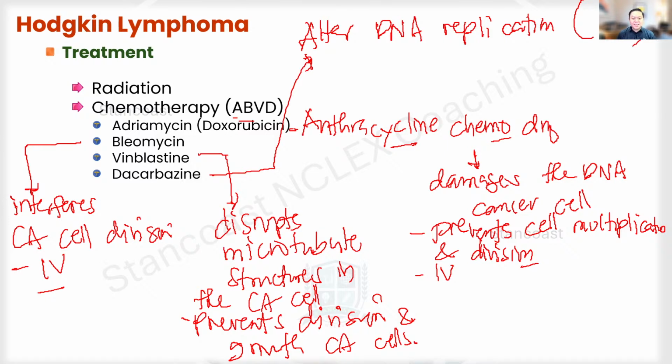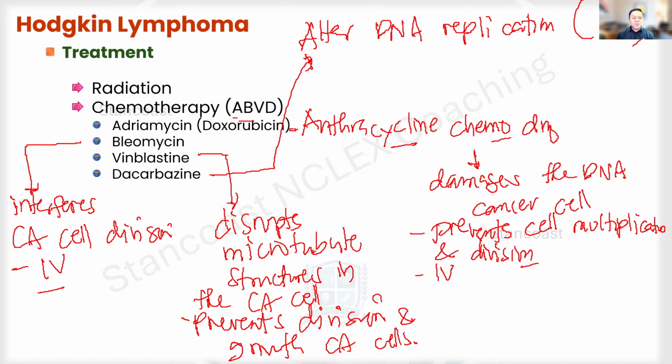All right. Now, if we were going to ask what will be the schedule or how often will the patient be getting this type of chemotherapeutic agents? Well, the chemotherapeutic agents will be given in cycles. So it will be given on different days, or let's say every 2 weeks.